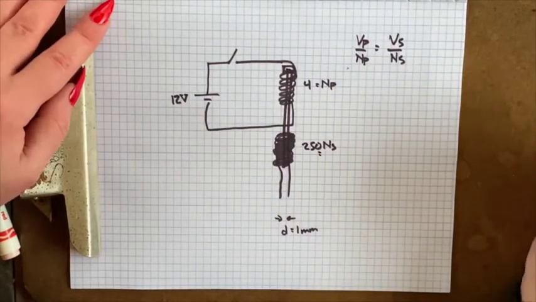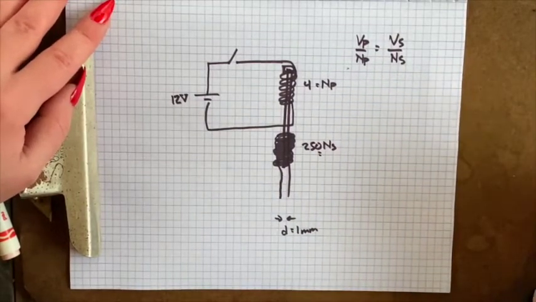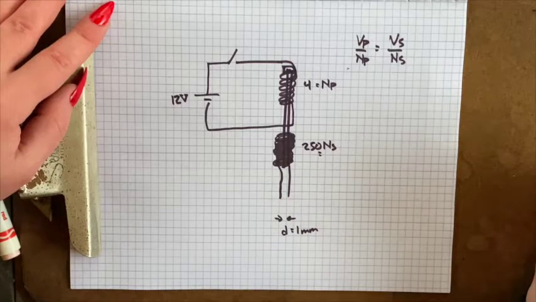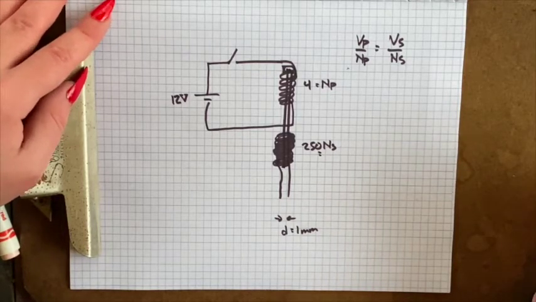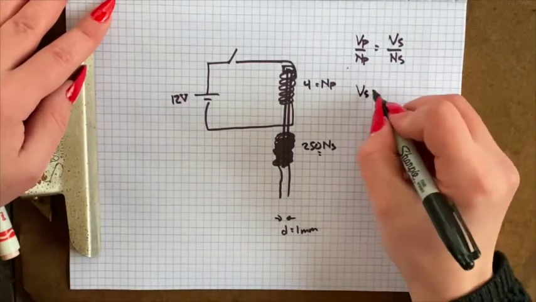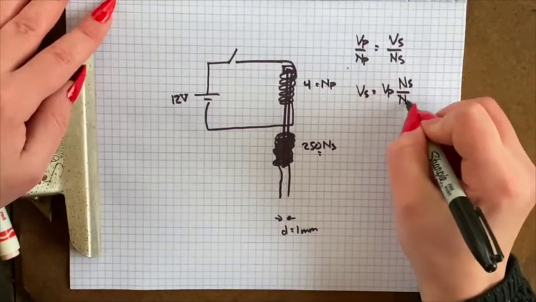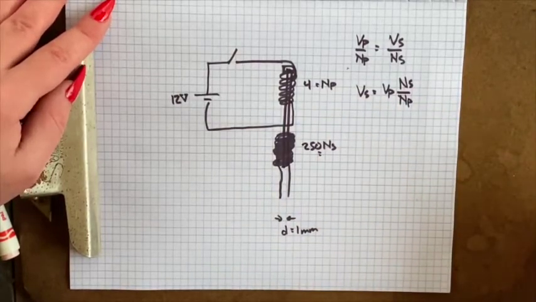And I hope that's right because I don't want to go through the trouble of rederiving it. Yeah, I hope that's okay. All right, and we're trying to find VS, right? So VS is, I guess, VP times the turn ratio, NS over NP. And yeah, this will be a step-up transformer.